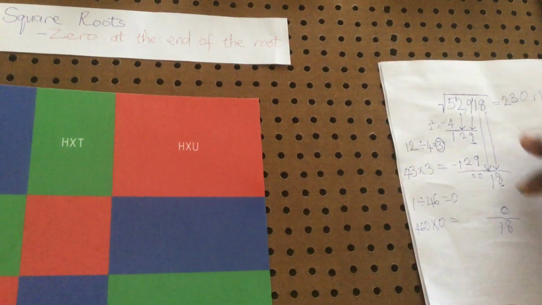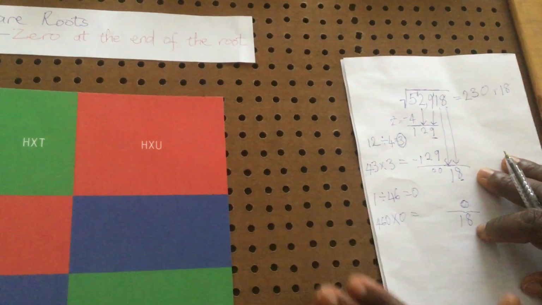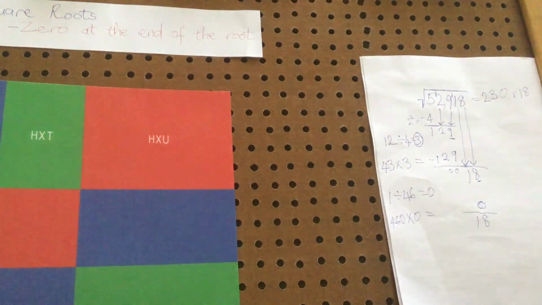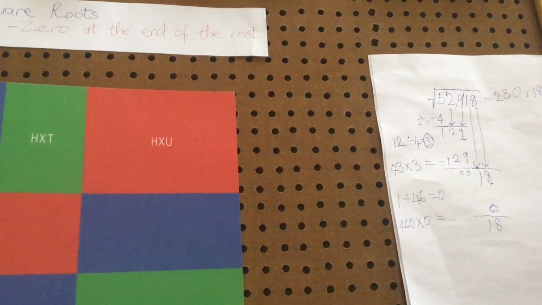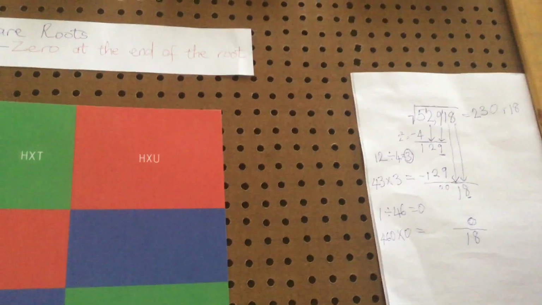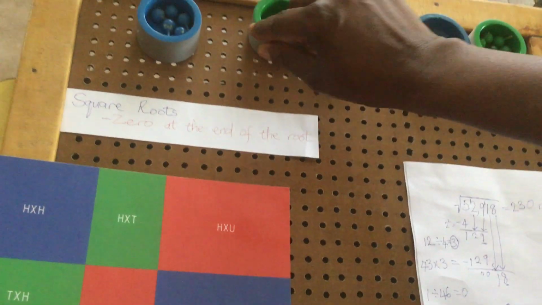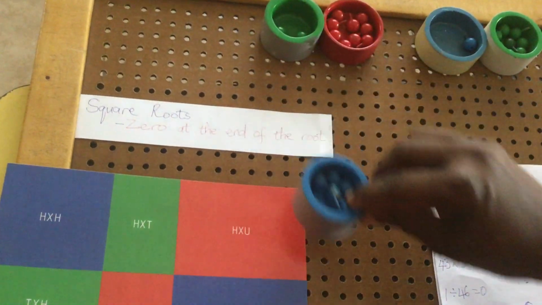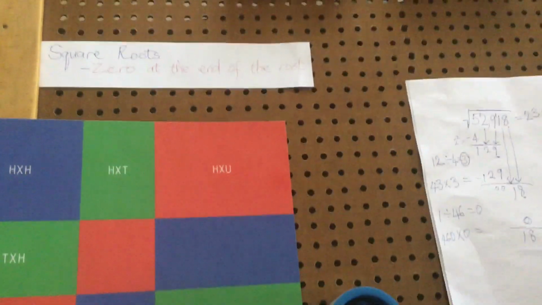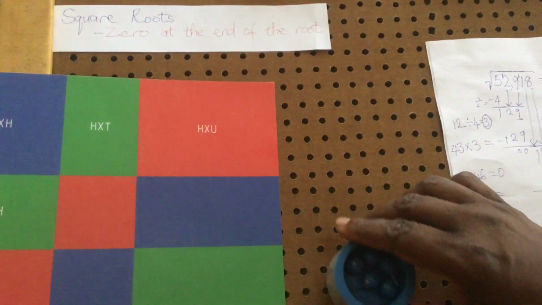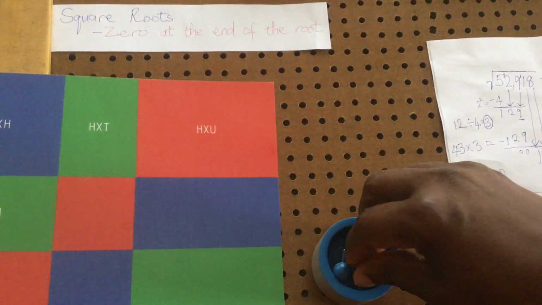Now let's demonstrate what we have done on paper on the board using the pegs. So we said bring our tens of thousands and build our first square.